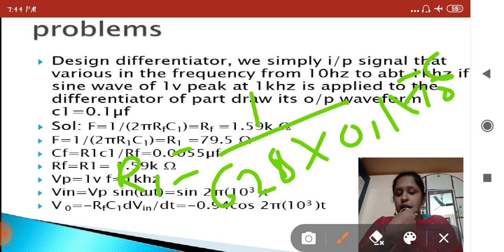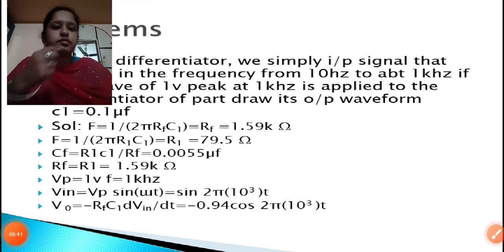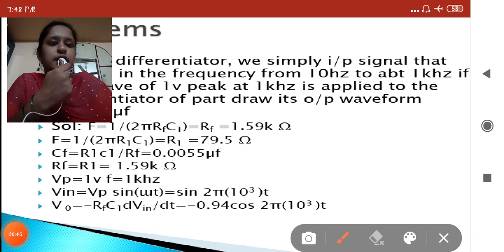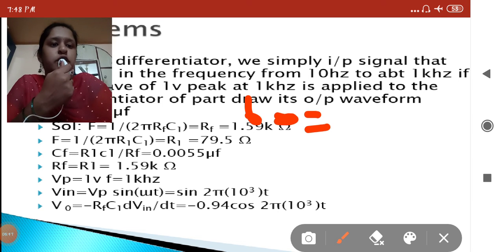Here they have not given fb, so take fb equals 20 kilohertz.